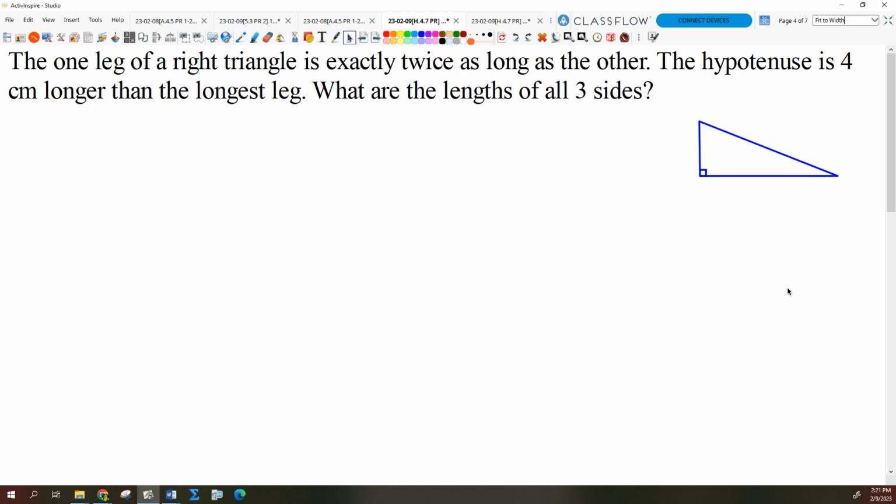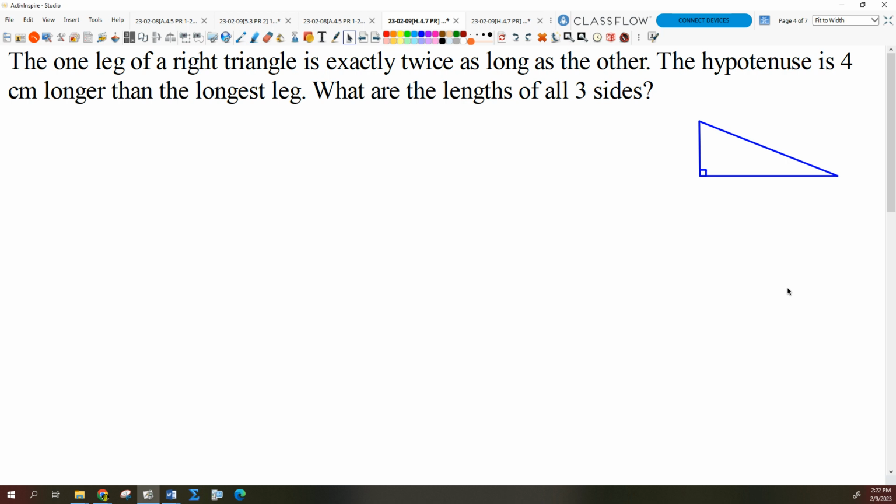So what can I do? They don't tell us any specifics, but they tell us one leg of a right triangle is exactly twice as long as the other. How could I represent that? X and what? Not x squared, twice as long. 2x. There you go.